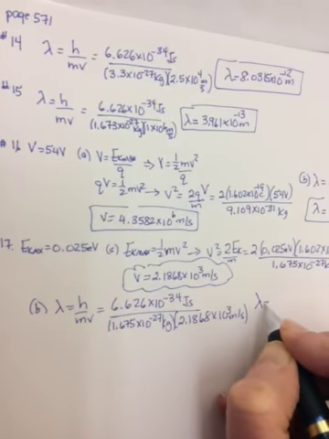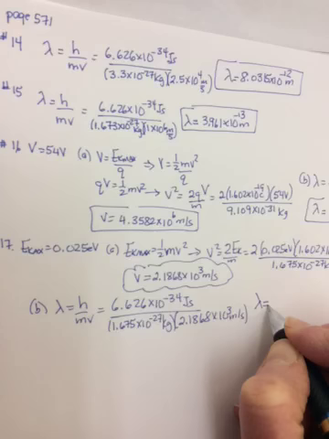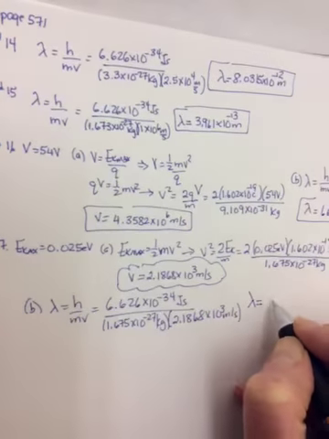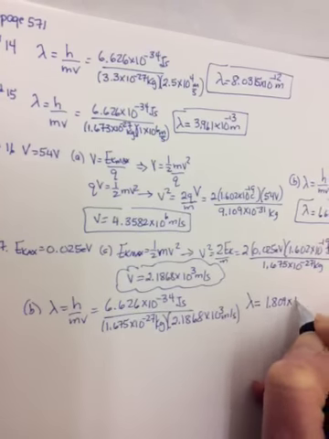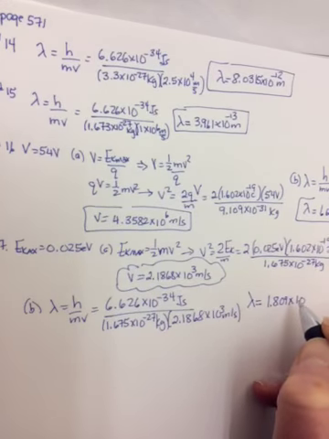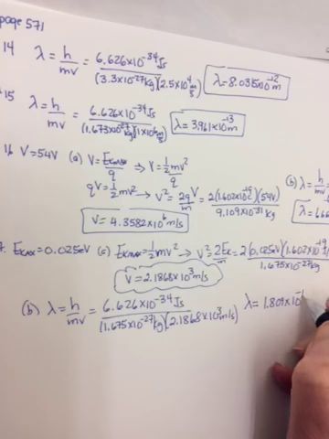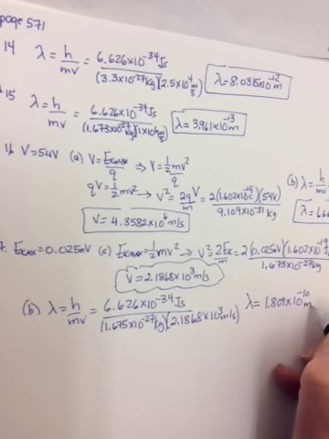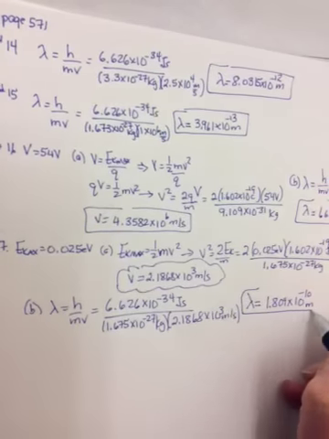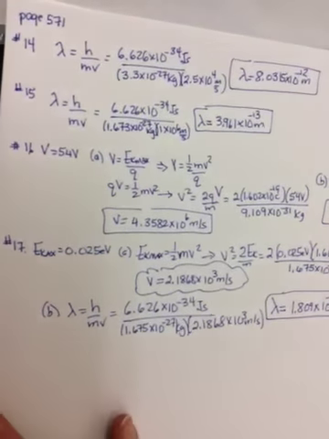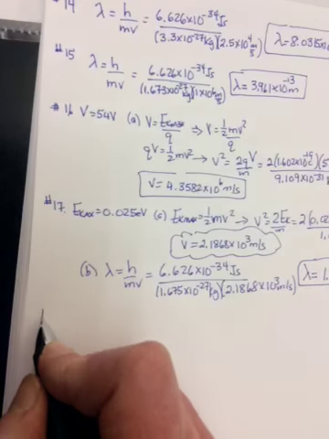And you should get a wavelength of 1.809 times 10 to the negative 10 meters. I'm just making sure I was reading my right answer off there. Okay, that's 17.